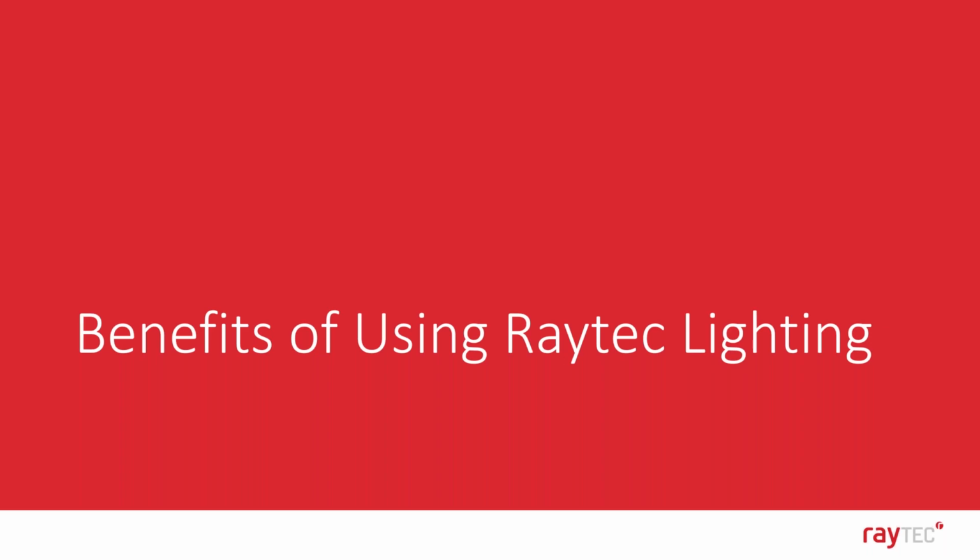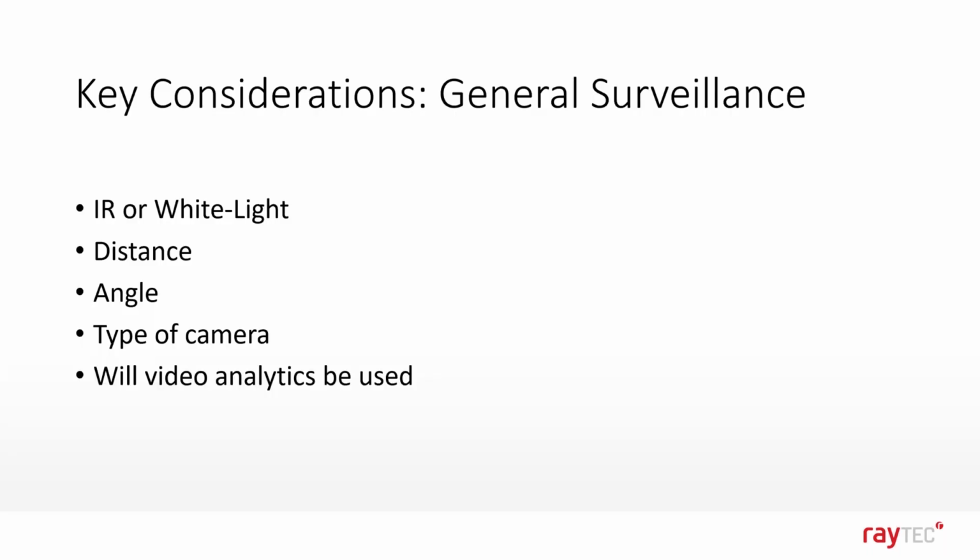So we'll go straight now to the benefits of using Raytec lighting. We'll start with general surveillance. Key considerations for these kinds of applications: the first thing you want to know is, is it going to be infrared you need, or is it white light? What distance do you need to cover? The distance from the camera to the subject area is very important. What angle you need as well. Is it narrow angle?